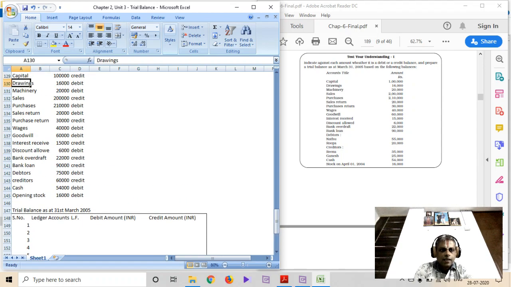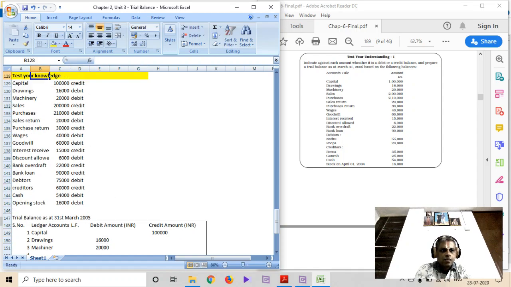What are all the things we have here? Capital, 1 lakh. Drawings, 16,000. Machinery, 20,000. Let's do one thing.